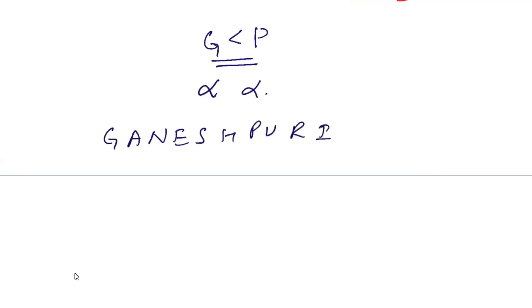Ganesh Puri, just removing G and P, and I'm saying both are alpha. So if I have to arrange these 10 alphabets and 2 alphas are there, the total number of arrangements will be factorial 10 upon factorial 2. Factorial 2 is for these 2 alphas.